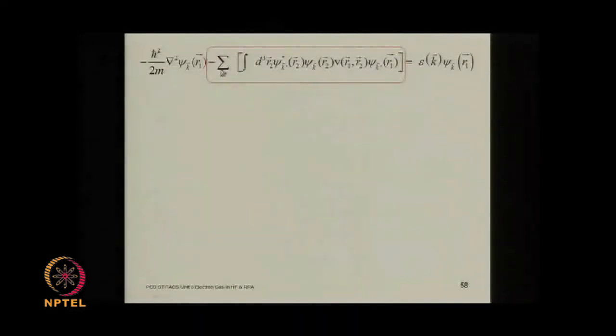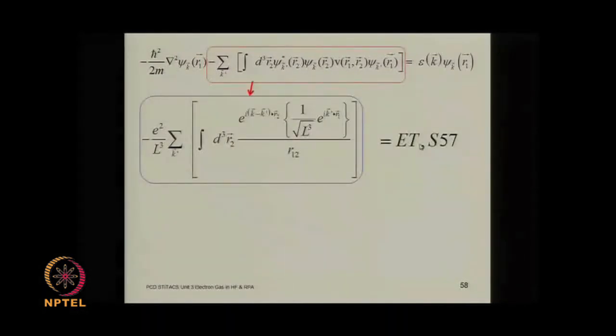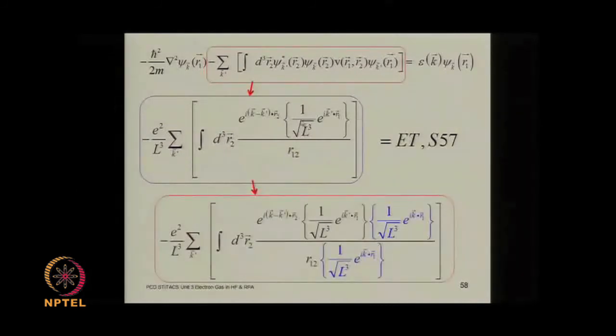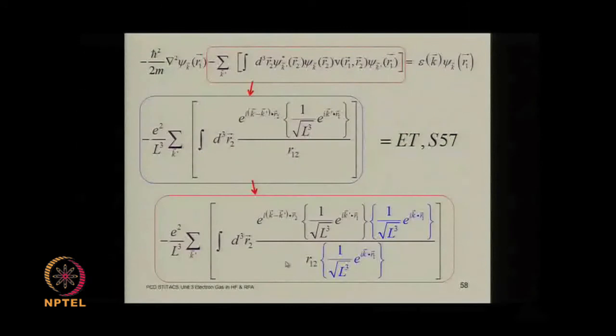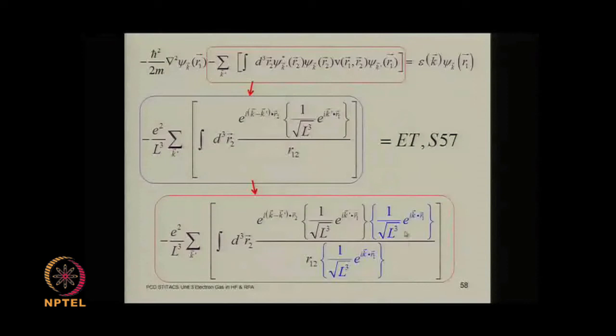So, here we have got this red loop inclusive of this minus sign, you have got this exchange term, and all I have done to go from this blue box to the last term at the bottom is to multiply and divide it by this wave function, which is 1 over root L cube e to the i k dot r 1. So, that is also a spin orbital, as you can see, and all I have done is to multiply and divide by this. So, I am still all right.